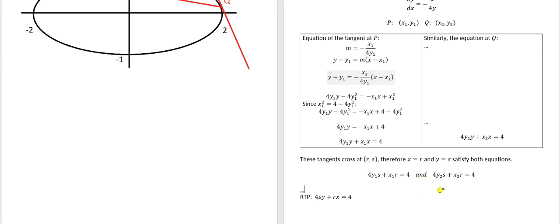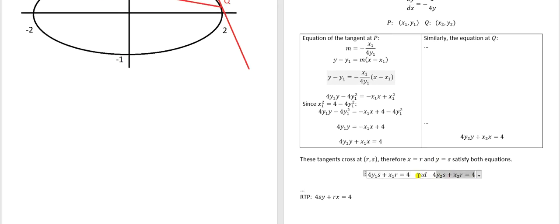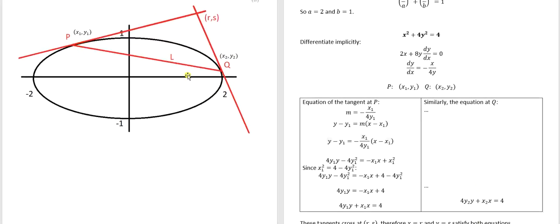Now, we know something about r and s and x1 and y1 and x2 and y2. But think about what we're trying to get to. It's this line L between the points P and Q. So we could do with the equation of the line L. But when we generate the equation of the line L, it's going to involve x1, y1, x2, and y2.